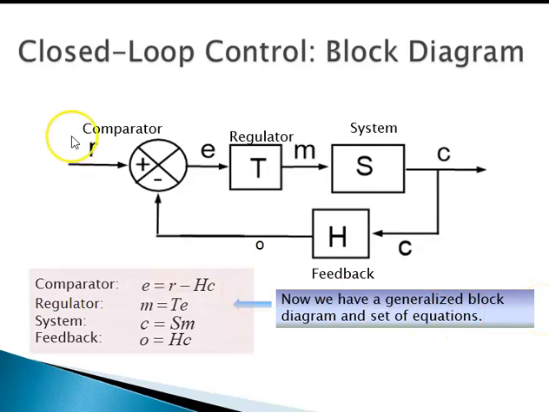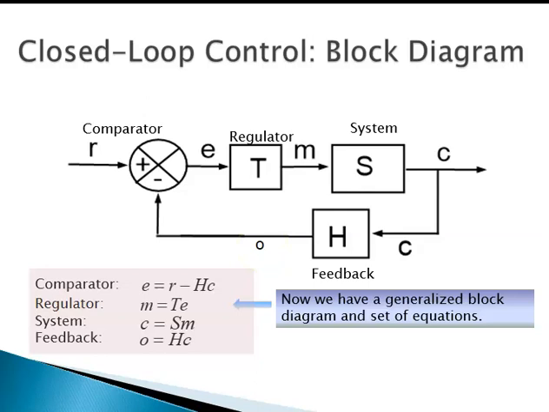Now we have a generalized block diagram and a set of equations. We call it a generalized block diagram because this can apply to a temperature control system, a speed control system, a position control system, and in fact any closed loop control system that we can think of. R is the reference input, E is the error, M is the manipulated variable, C is the controlled variable, and O is the output of the feedback block.